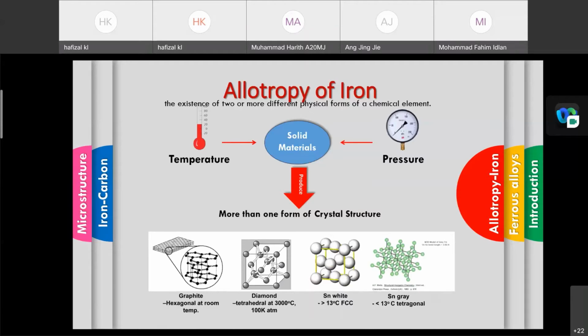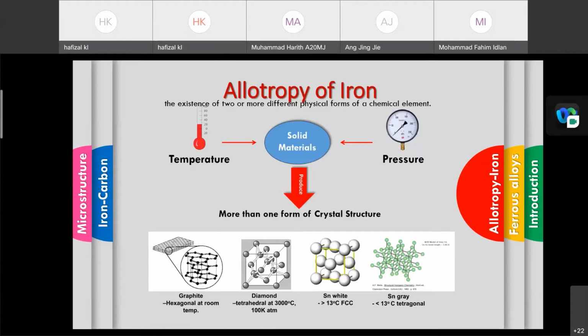Before we go for the iron, it also exhibits in the carbon. Let's say we have graphite and diamond, both carbon-based, but different in terms of atomic arrangement. Okay, this is due to the temperature and pressure involved during the solidification. It also happens to tin.